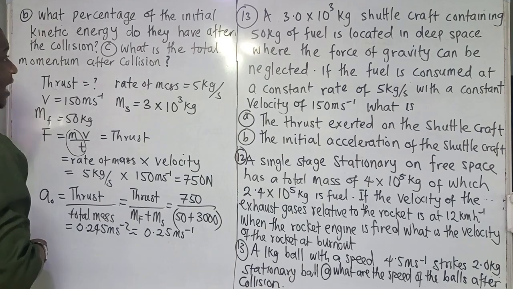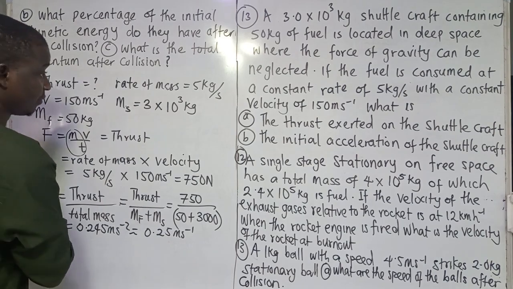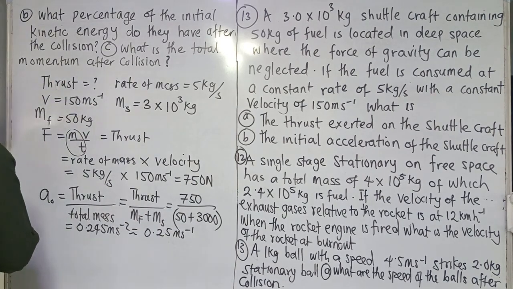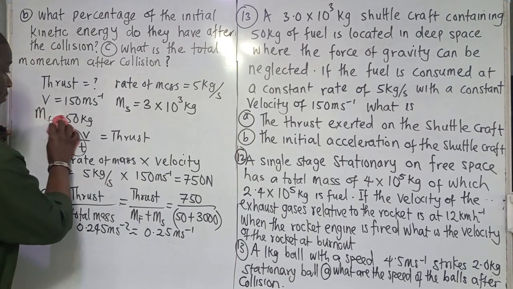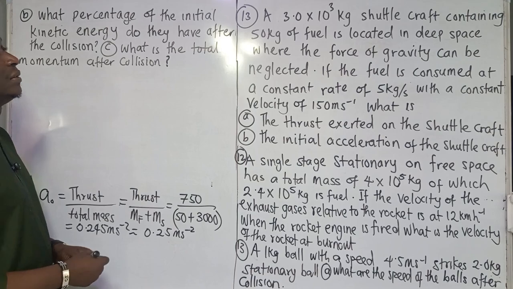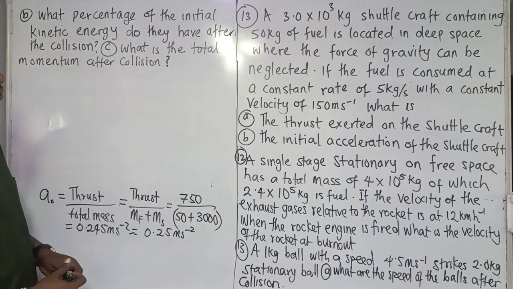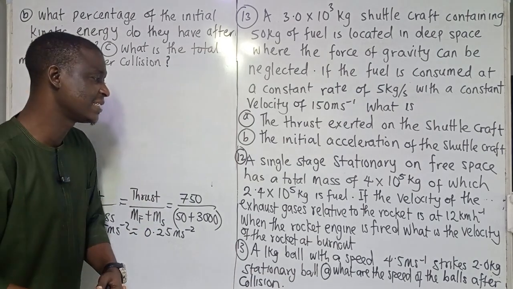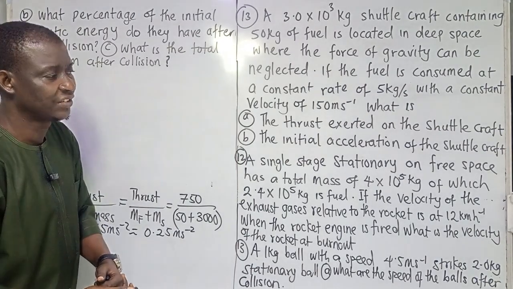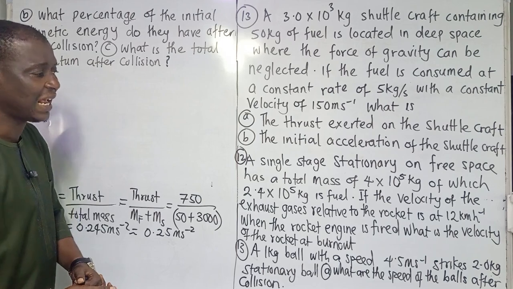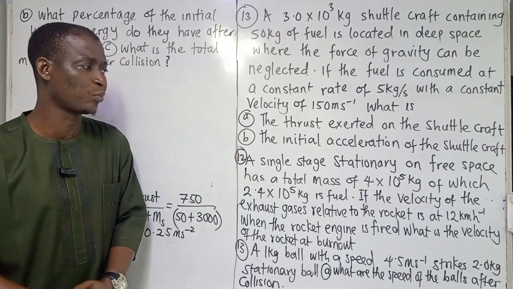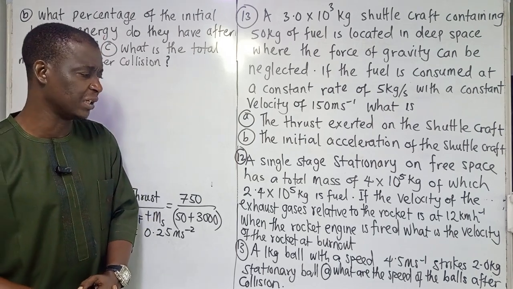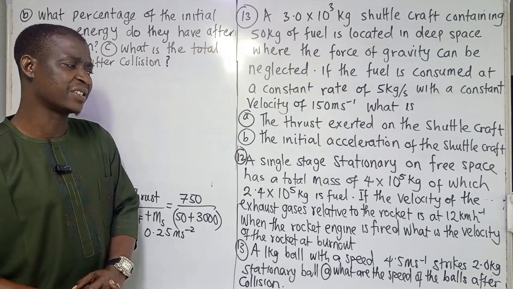Let's go to number 12. I want to solve number 12 now. Now let's solve the second question. He said a single stage rocket stationary in free space has a total mass of 4 times 10 power 5 kilogram, of which 2.4 times 10 power 5 kilogram is fuel.